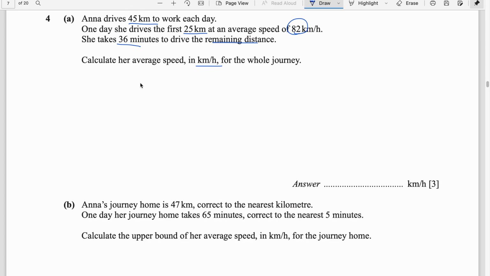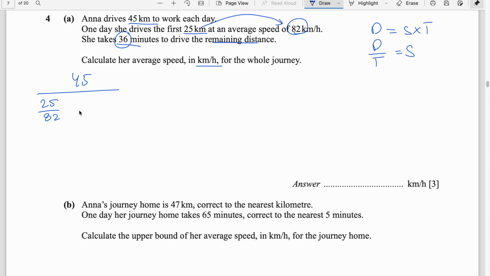So the total distance equals speed times time. So speed is distance divided by time. For kilometers per hour, distance is already in kilometers, and I should divide it by total time, total distance over total time. So time for the first part is distance divided by speed, which is 25 by 82, already in kilometers per hour.